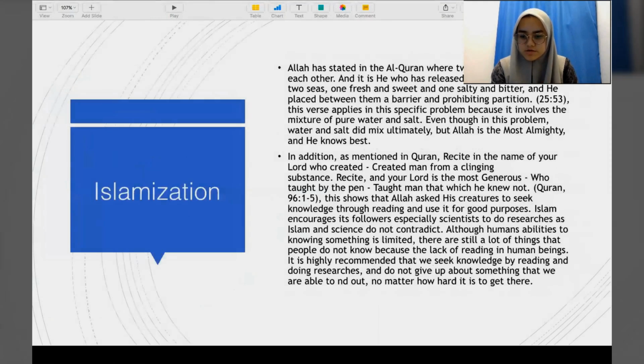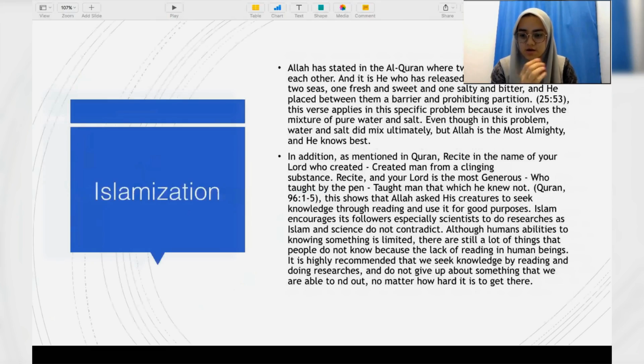And for the Islamization, Allah has stated in the Quran that the two seas do not mix with each other, and it is He who has released simultaneously the two seas, one fresh and sweet, and the other one salty and bitter. And He placed between them a barrier and prohibiting partition.